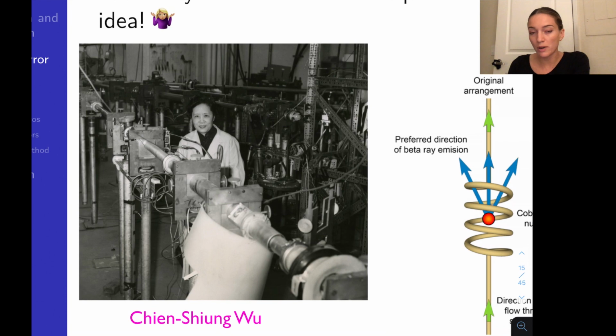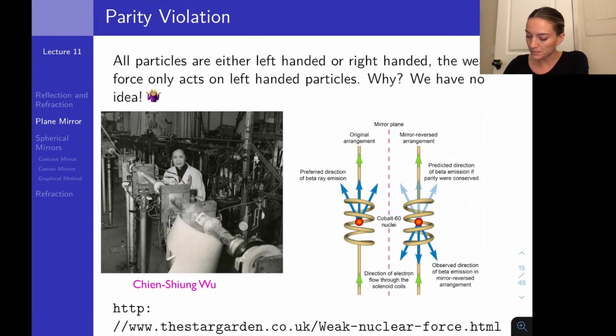She actually did an experiment using cobalt atoms, essentially, she used a big magnetic field and cobalt atoms, and showed that if we do this experiment in the real world here, the mirror image doesn't happen. So if you took this experiment and its results here with the electrons flying out, and reversed it to a mirror, the mirror image doesn't happen.